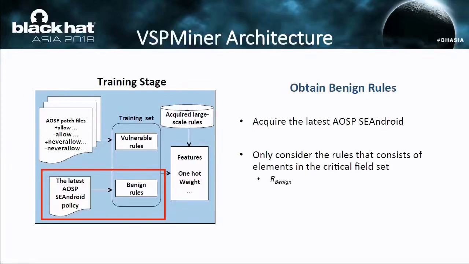Different from how we got the vulnerable rules, the benign rules we obtain using a very simple approach. We just acquire the latest AOSP and SEAndroid, and we only consider the critical rules, and we define these rules as R benign.